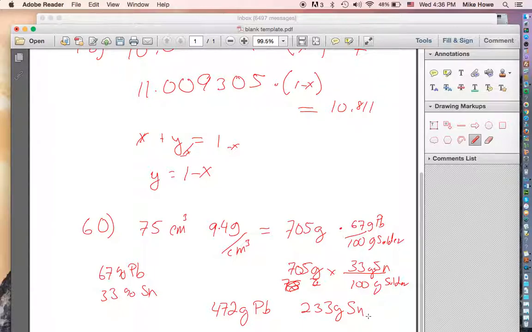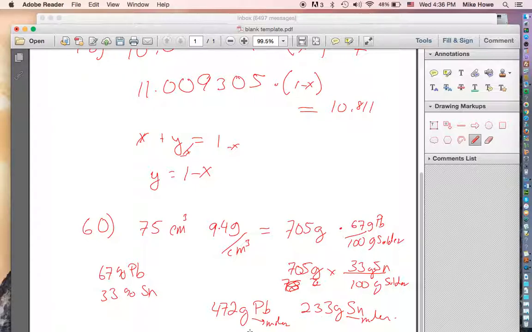Now, if you look back at the question, it wants to know how many total atoms are present. So the next step, which I'm out of room to do, so I'll tell you, change this to moles and change this to moles. Okay, that's using our mole conversion factors that you learned in year 1 of chemistry.